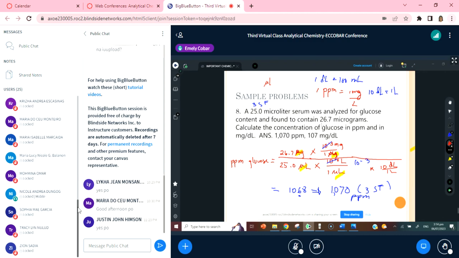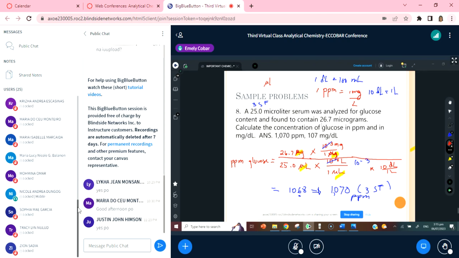Or 1 microgram is equal to 0.001 or 10 to the negative 3 milligrams. This is the conversion factor of microgram to milligram. Therefore, microgram cancels, leaving the unit milligram. So 26.7 times 10 raised to the negative 3 milligram is in your numerator.